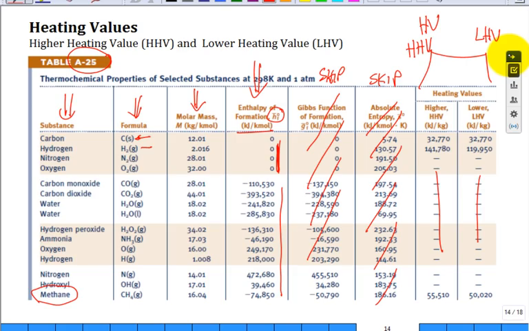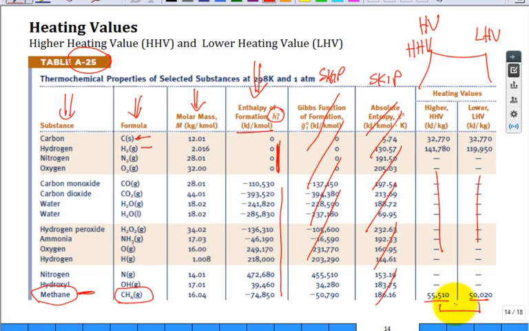How in the world do they have two heating values, let's say for methane? Is it that the methane comes in at a liquid or gaseous state on the input? No. It's always coming in at the reference temperature and pressure, and it's always gaseous. So what leads to a difference in these heating values?